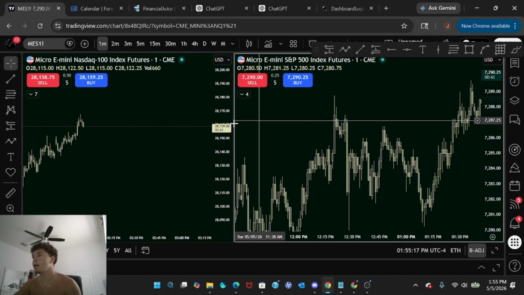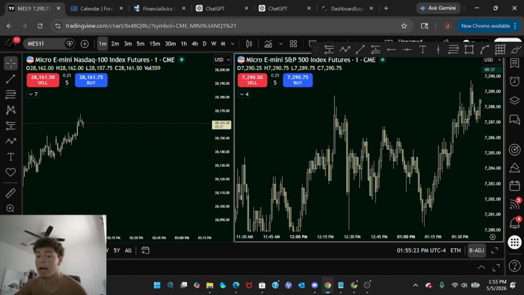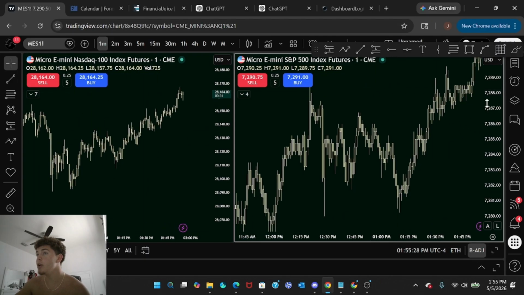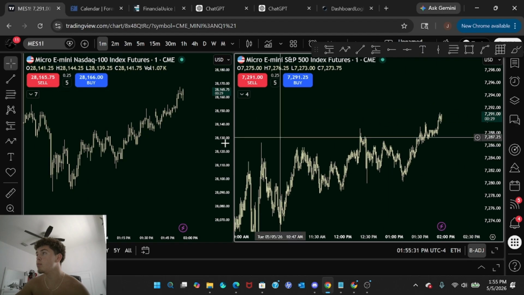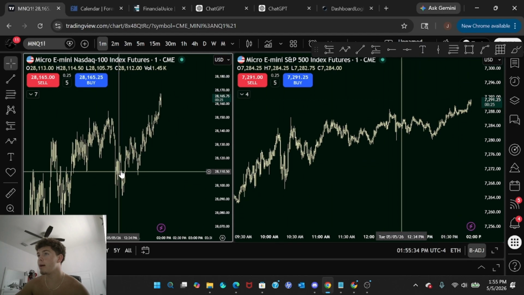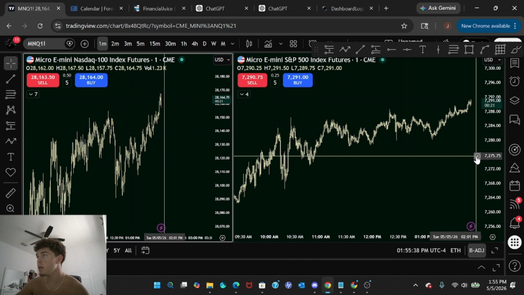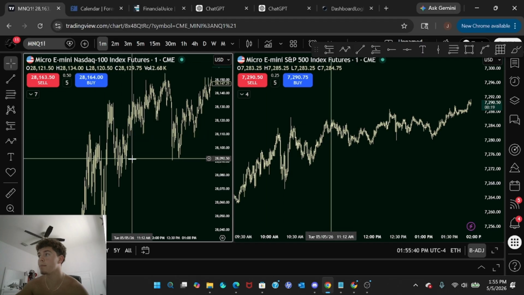Now that we got that out the way, we know it's a divergence between assets. So let's say on one we make a higher high and the other one we make a higher low. That's a divergence in price. If you notice here, NQ and ES move almost the same. We have a random drop off that I don't know why that happened, but for the most part, we almost always move the same.